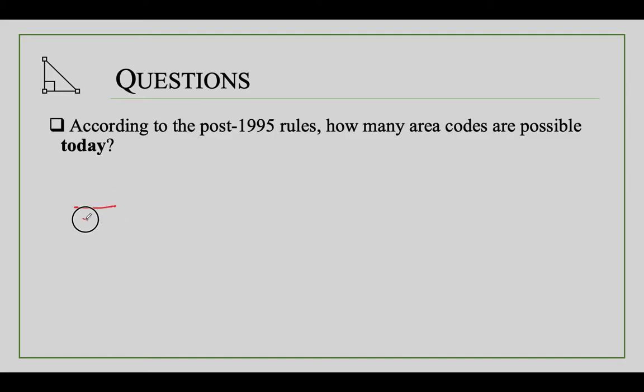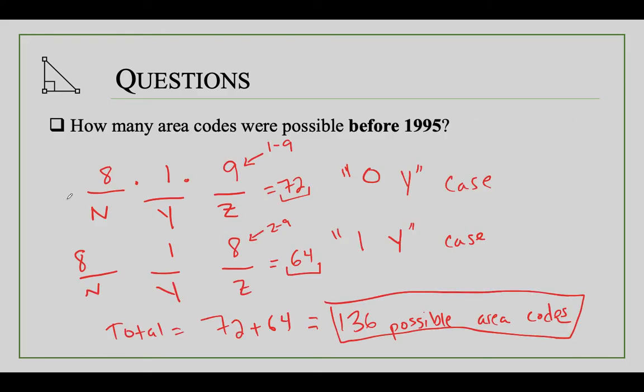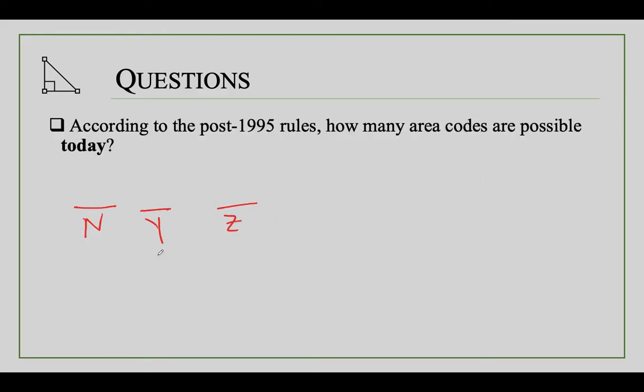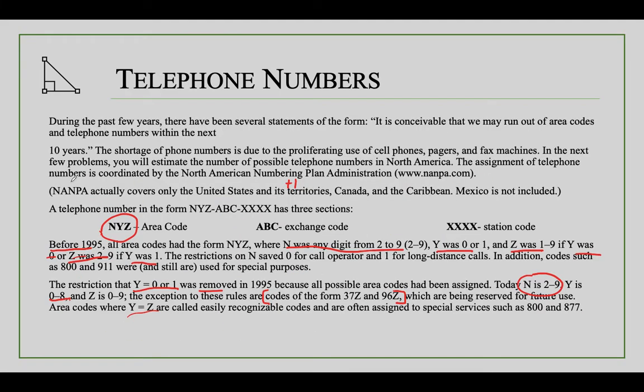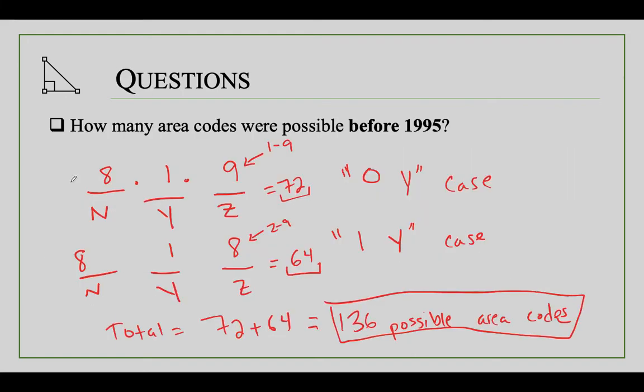So I have still n, y, z. I still have, like I had before, 8 options for n, 2 to 9. Y is 0 to 8, so 8 minus 0 is 8, plus 1 is 9.